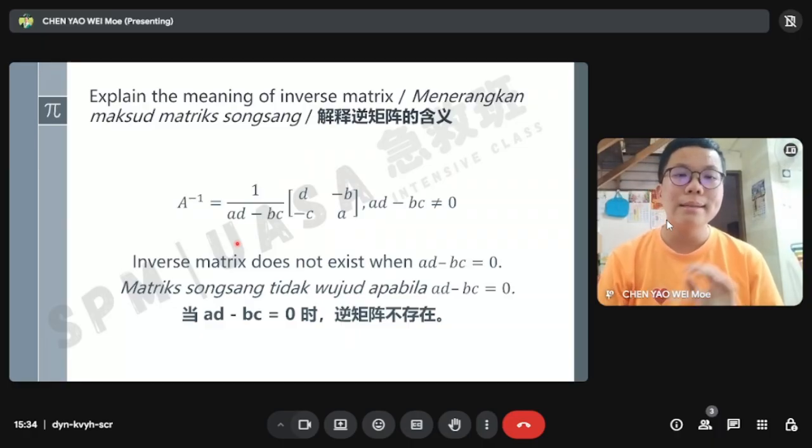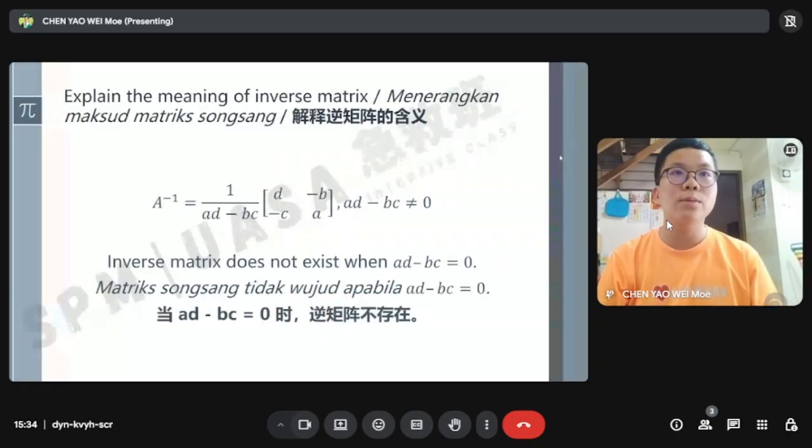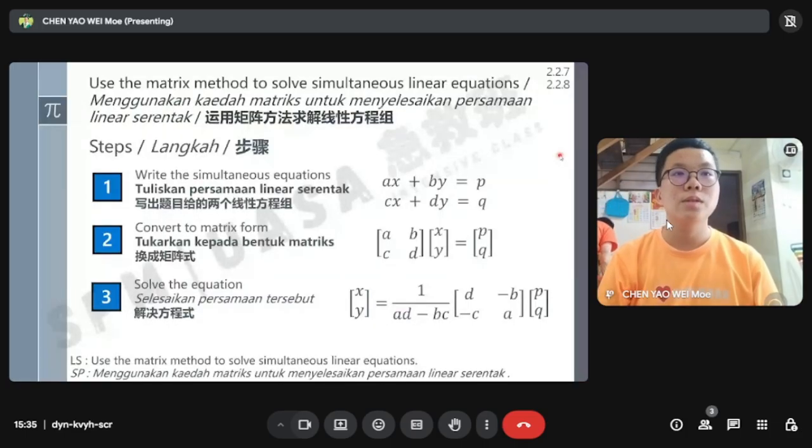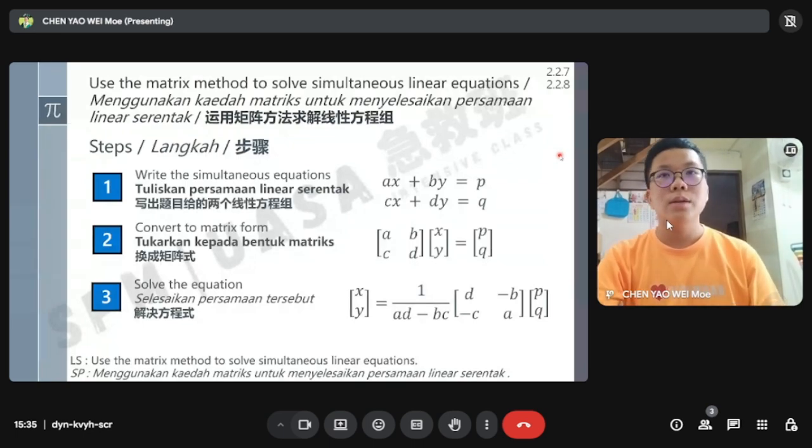Okay, this is a formula that we commonly use for finding one thing: using the matrix method to solve simultaneous linear equations. First, you can do the equation as usual, but here you cannot do it the simultaneous-equation way. We show this equation. You make it become matrix form.